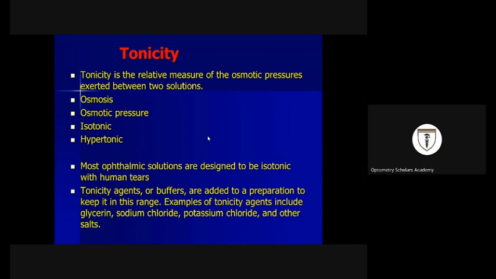Examples of these agents are glycerin, sodium chloride, which is a salt, potassium chloride, which is another salt, and other kinds of salts. These are added to drugs to make them isotonic with the human tears.